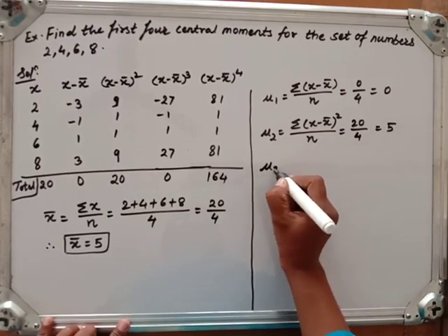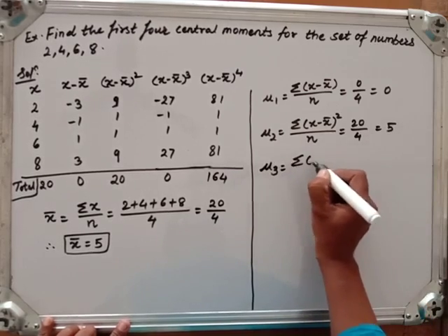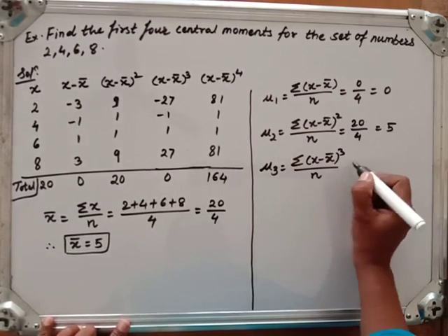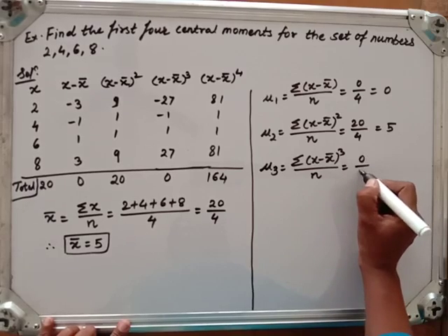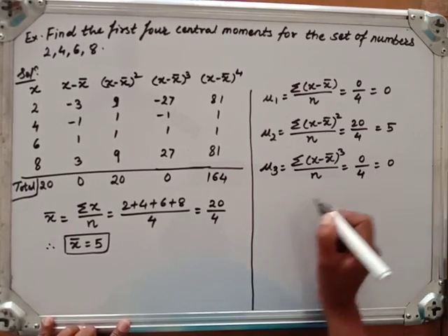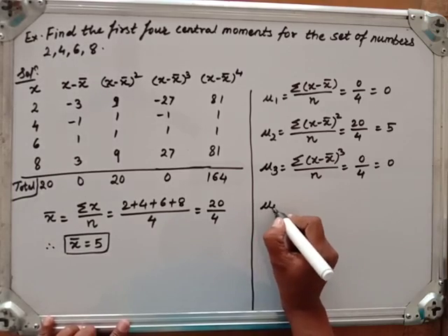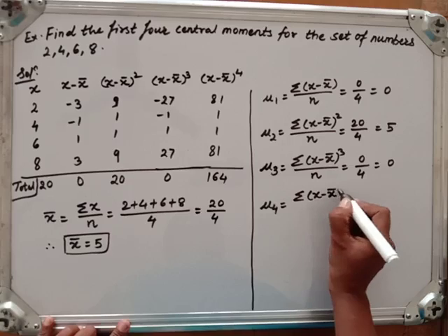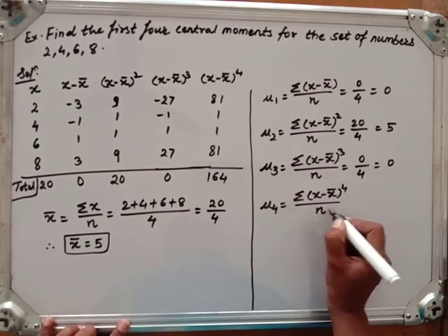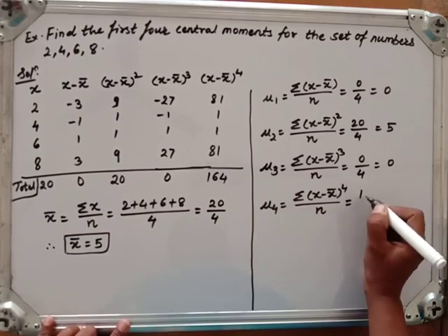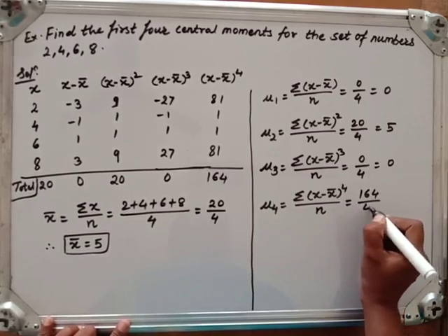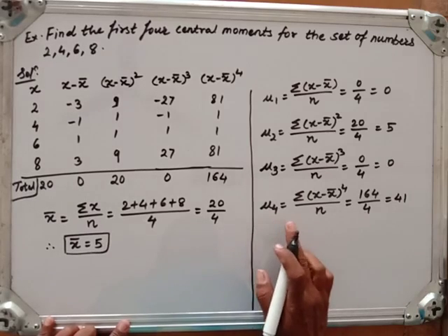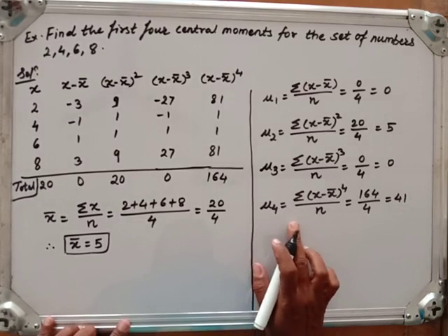Next, mu 3 is summation (x minus x bar) cube upon n, so it is 0 upon 4, which is again 0. Then mu 4 is summation (x minus x bar) raised to 4 upon n, so that is 164 upon 4, which is 41. So as such we can determine the central moments.